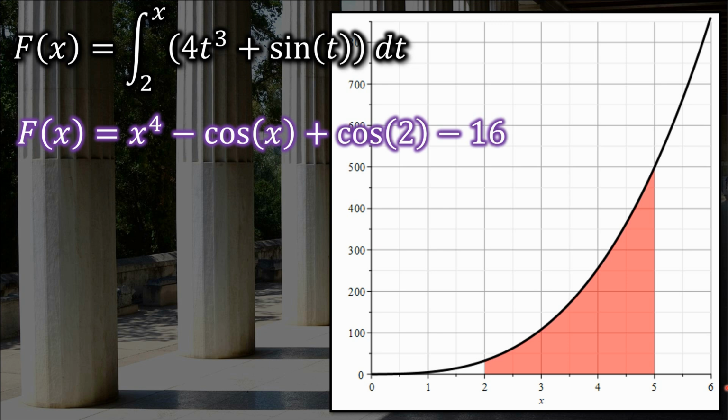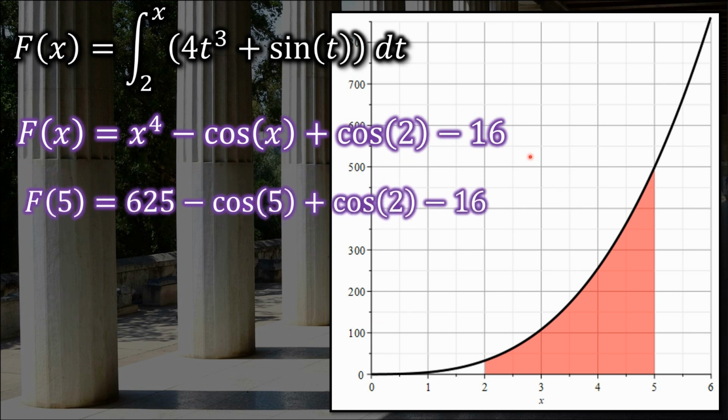So if I wanted to find the area under the function between 2 and 5, I don't have to do any business with the integral from 2 to 5 of blah blah blah. According to the fundamental theorem of calculus, I'm able to write this F of x function like this and plug 5 into this. I'll get 625 minus the cosine of 5 plus the cosine of 2 minus 16.